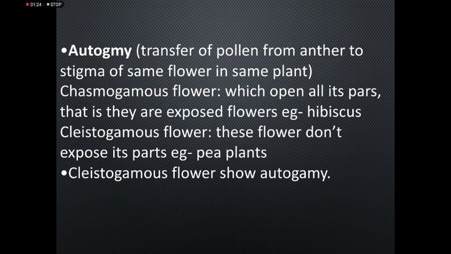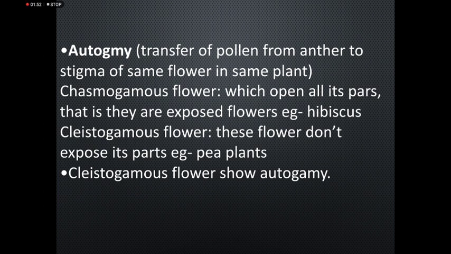Chasmogamous flowers open and expose all their parts. Examples are hibiscus, rose, etc. While cleistogamous flowers don't expose their parts.